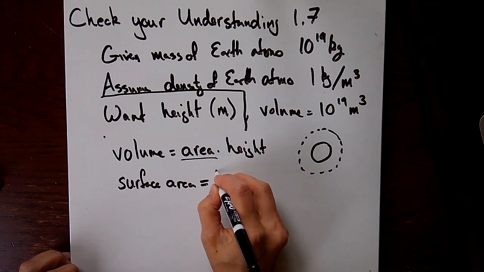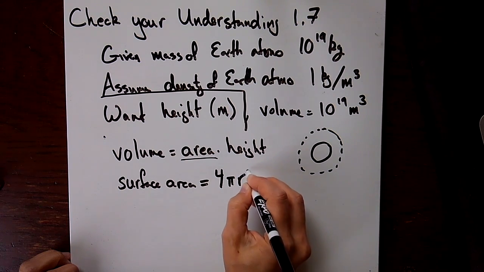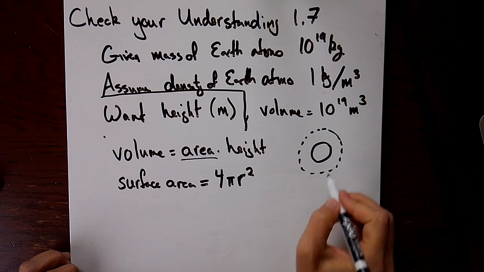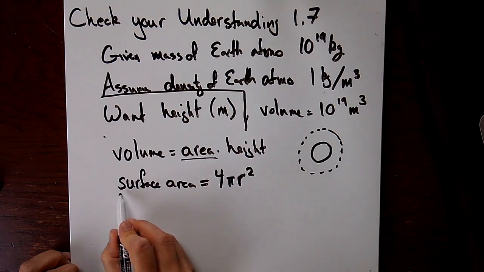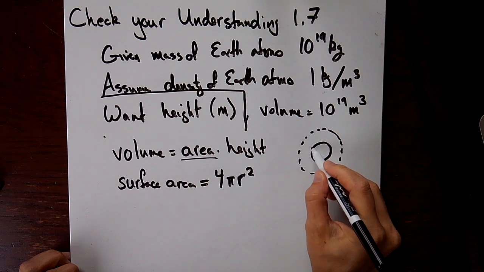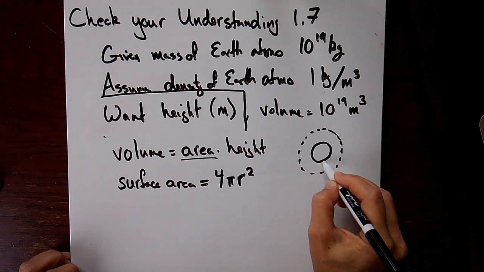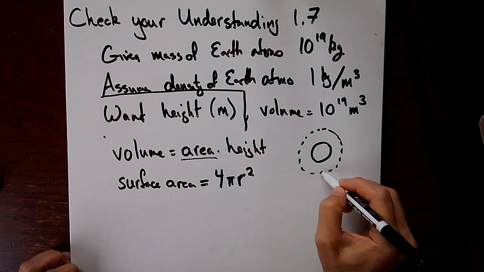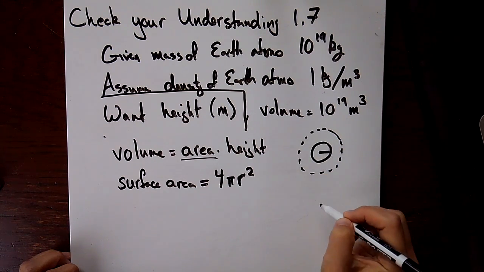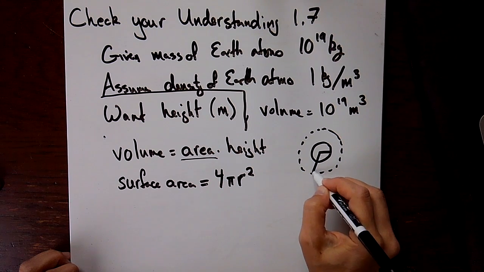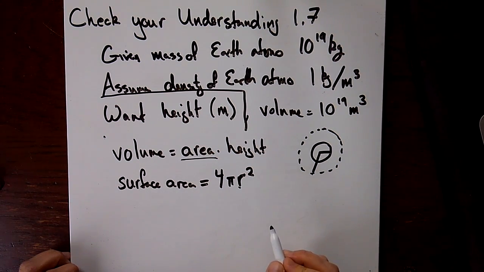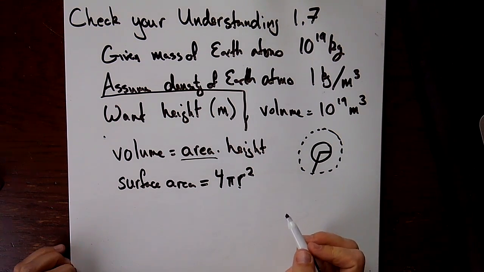From a previous problem, we know that that is 4 pi r squared, the radius of whatever sphere we're using. Now we know that this is not quite correct, because the surface area on the Earth's surface is going to be smaller than the surface area at the top of the atmosphere. You can see the radius here is a lot smaller than the radius here, and thus the surface area is going to be bigger when you have a bigger radius. But it's a good estimation.